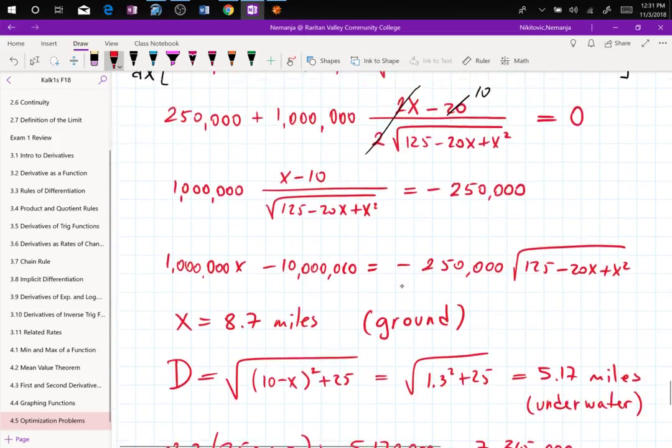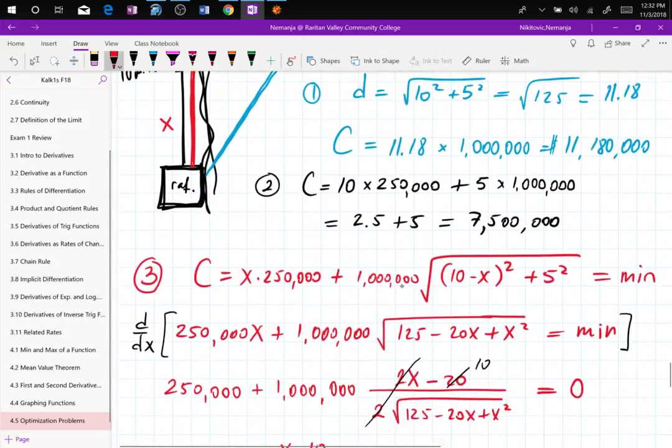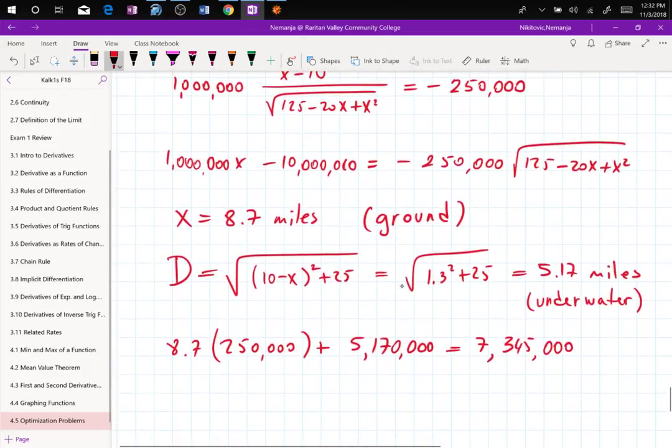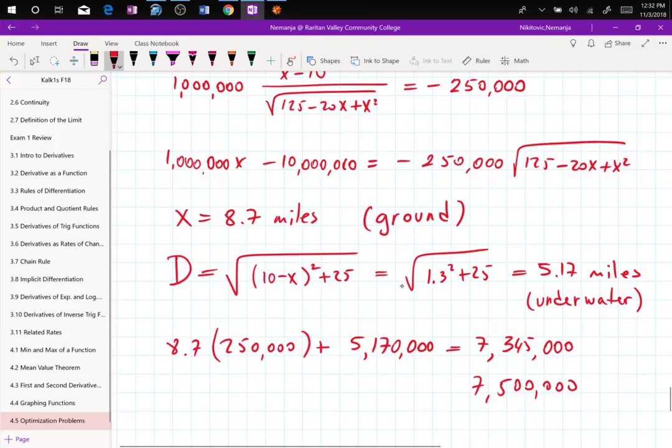So what do we save? 7.5 minus that, we saved $150,000. With 5 minutes of calculation, we saved another $150,000.